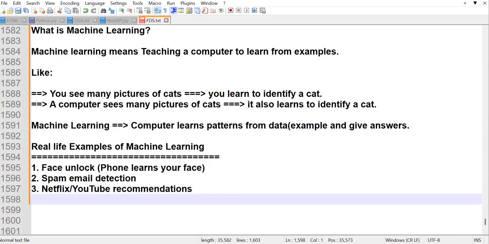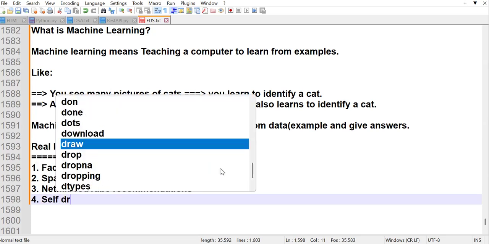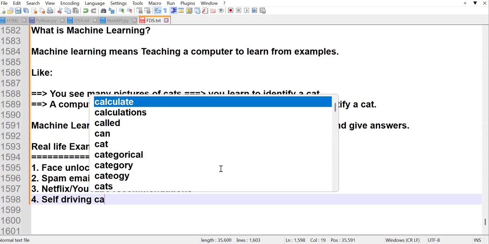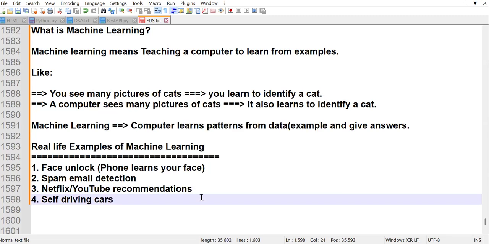This machine learning model can be used in recommendation as well, right? And it can be used in self-driving cars. So these are the real-time examples. Now let's start our topic. Actually, what we have to discuss, let's try to start it now.